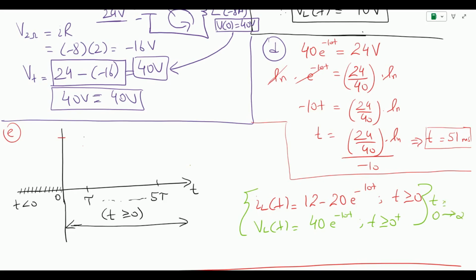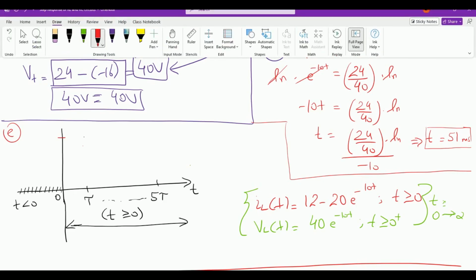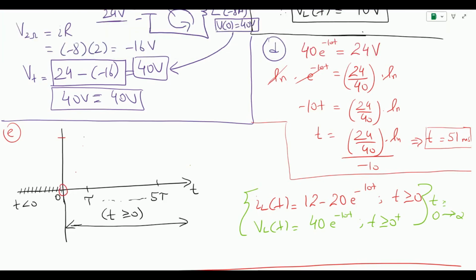So let us first draw for the current. When time is 0 at the 0 axis, e raised to power 0 will be 1, and then we have 12 minus 20, so this is minus 8, and then if we keep on increasing the value, we get to minus 4 and so on till we reach 0.